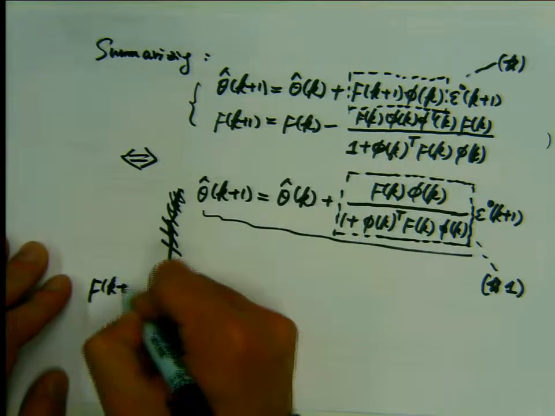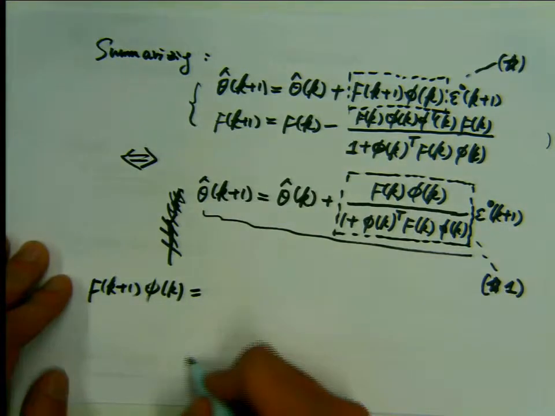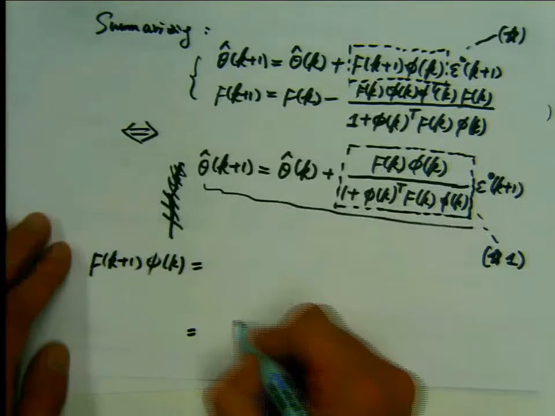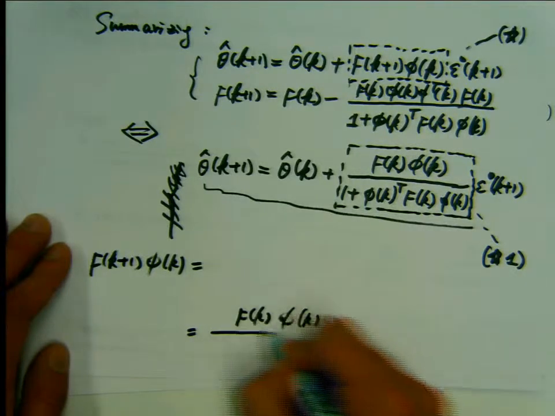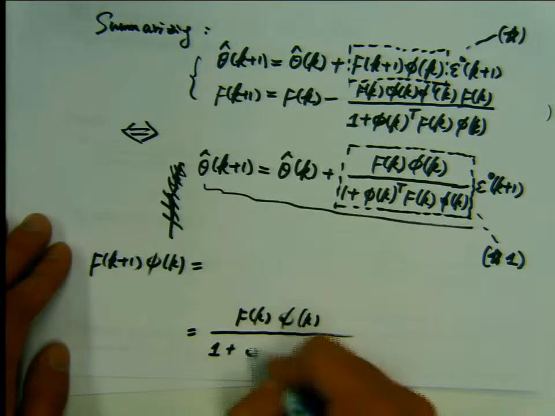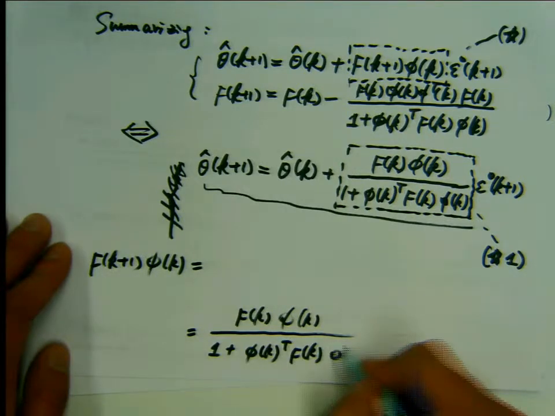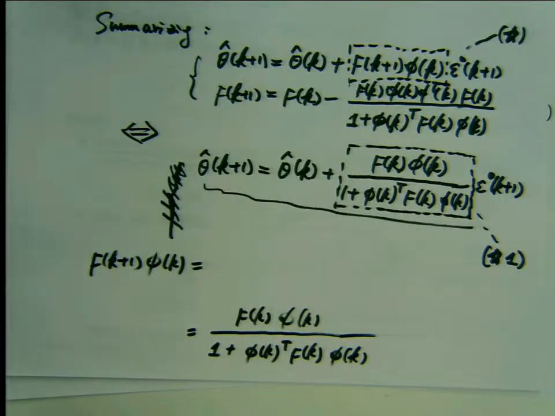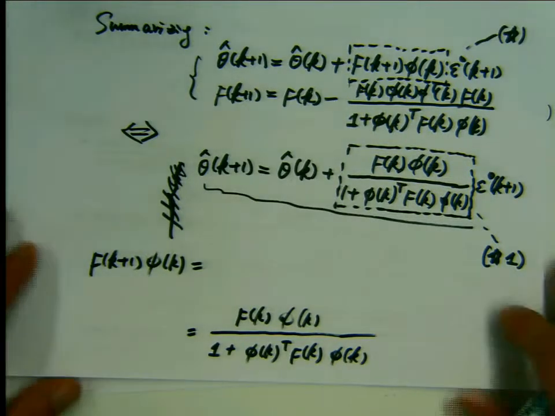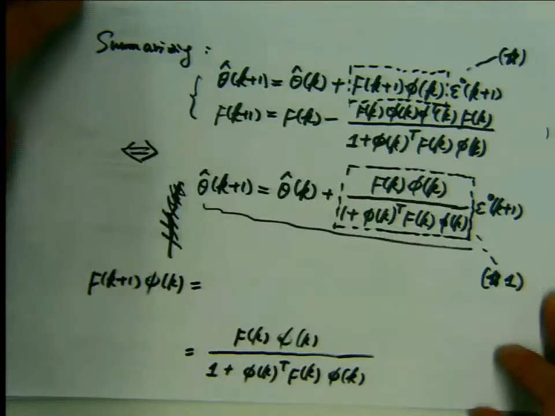Fk plus 1 phi k, in the end, has to equal to Fk phi k over 1 plus phi k transpose Fk phi k. Okay. So anyone has any suggestions?